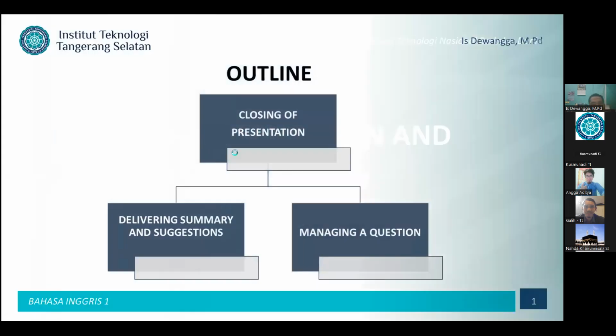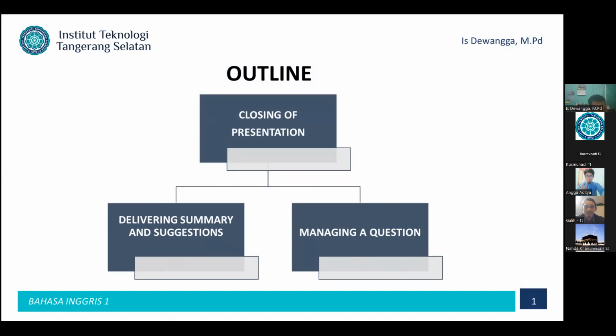This is our title. And the next one, this is our outline. This is the first one, closing of presentations, and there are two types over here: how to deliver the summary and suggestions, and also how to manage the question in presentations.